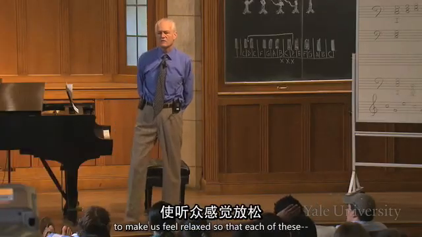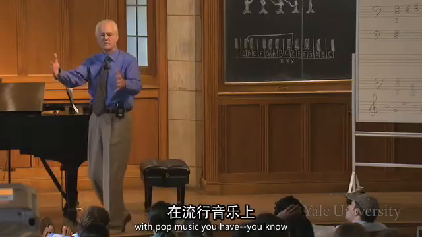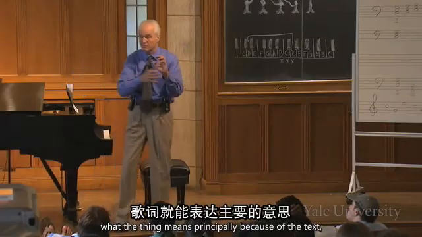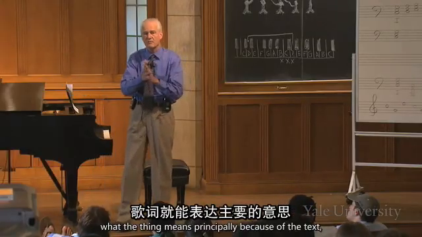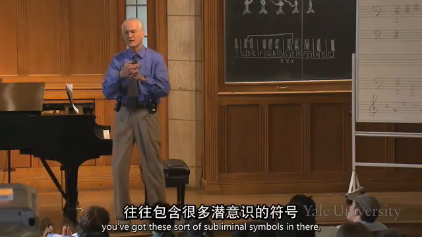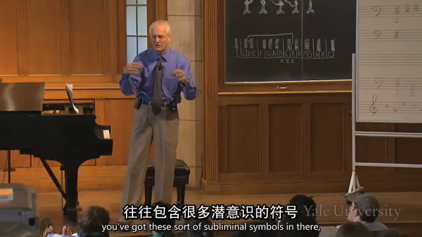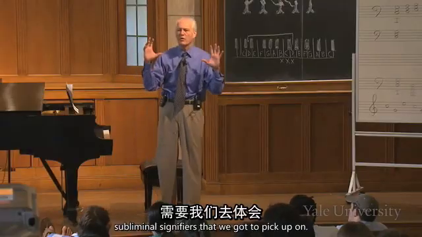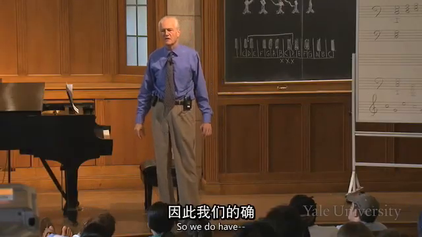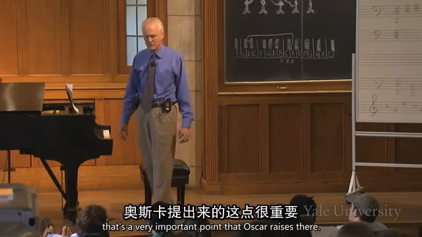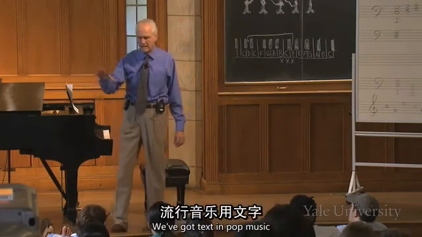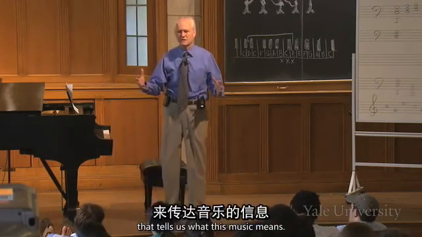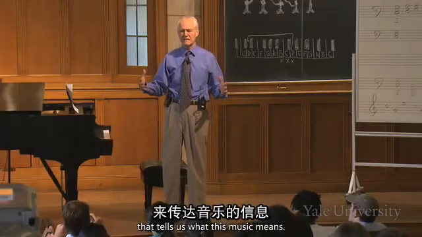So with pop music, you know what the thing means principally because of the text. But with classical music, you've got these sort of subliminal symbols in there, subliminal signifiers that we've got to pick up on, and we'll be talking more and more about that. So that's a very important point that Oscar raises there. We've got text in pop music that tells us what this music means.